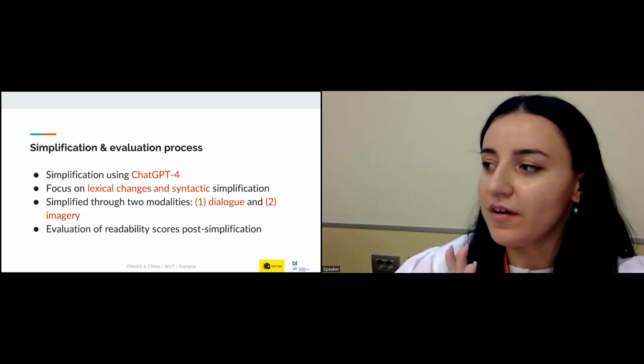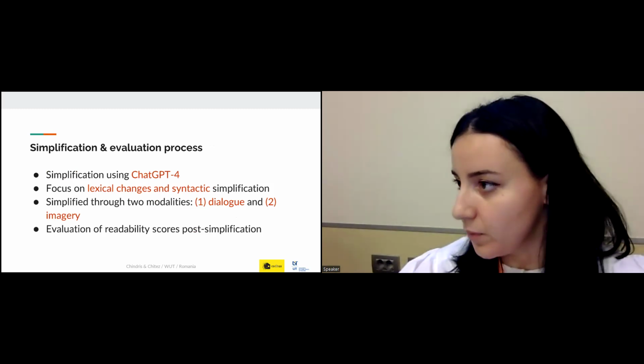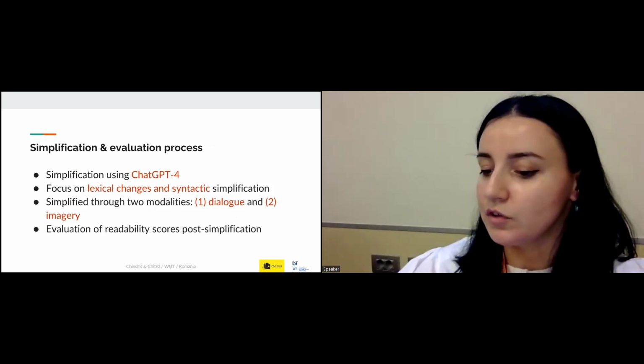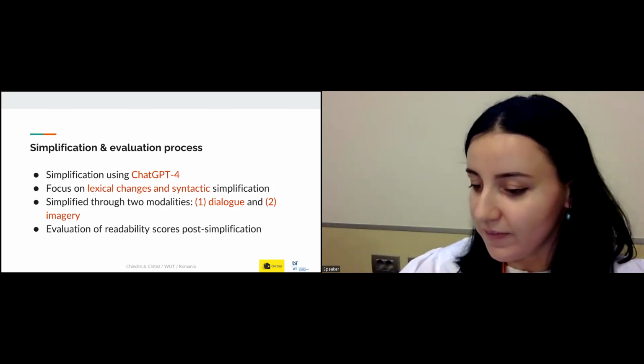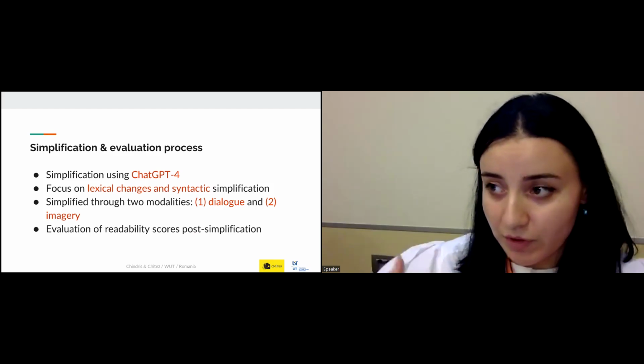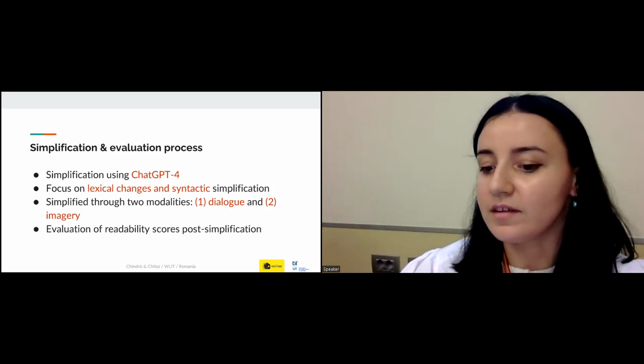I asked the algorithms to simplify text through two modalities: through introducing dialogue, and imagery.